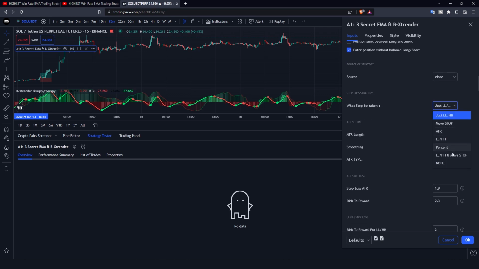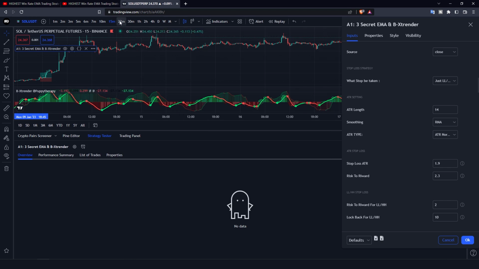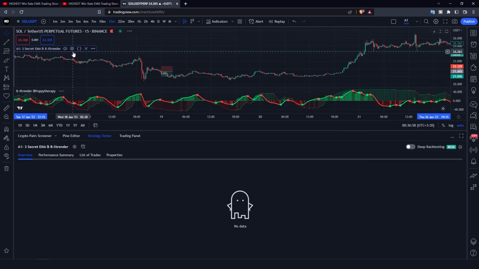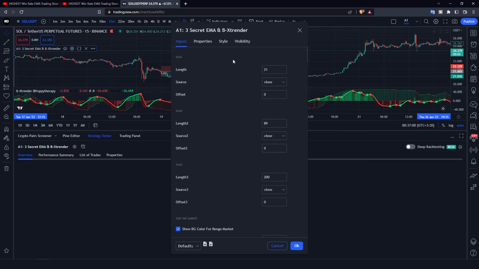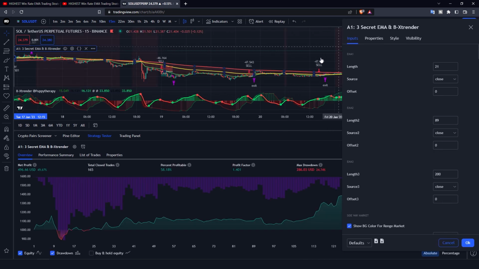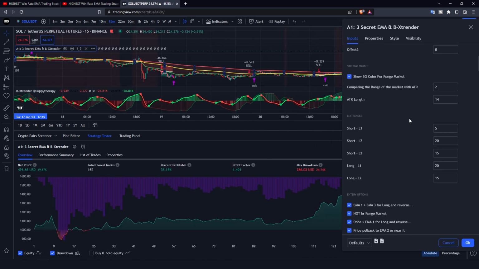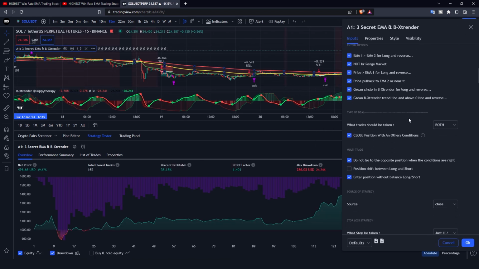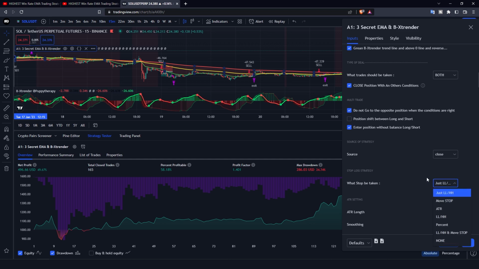Don't have a stop, lowest low or highest high along with moving stop, percentage stop, ATR stop, or only moving stop itself. You can use it here. It has ATR settings. Any of the stop methods that you choose, ATR stop, move stop, each of them has its own settings.